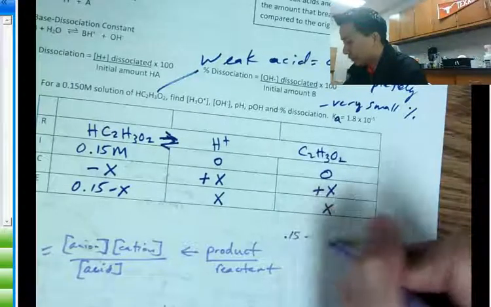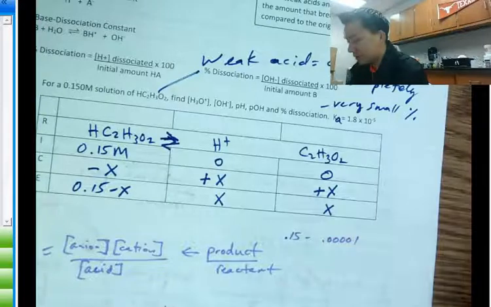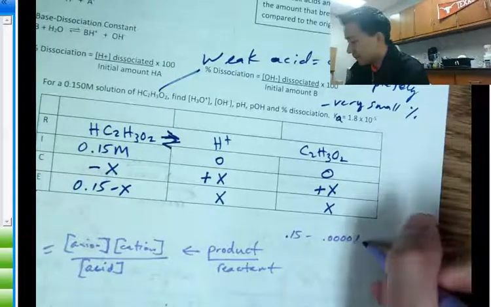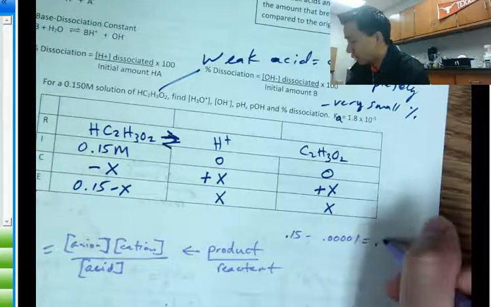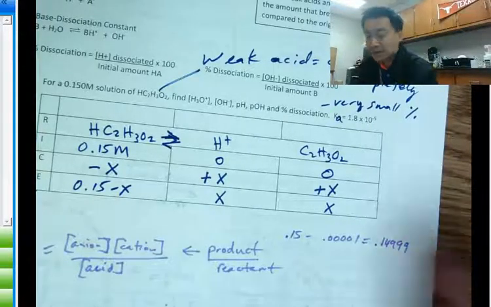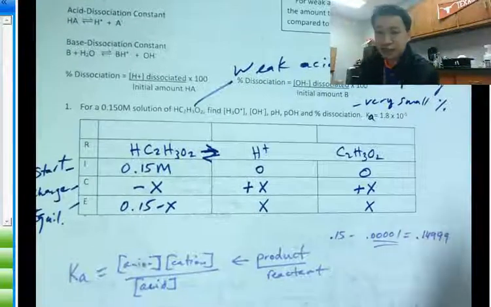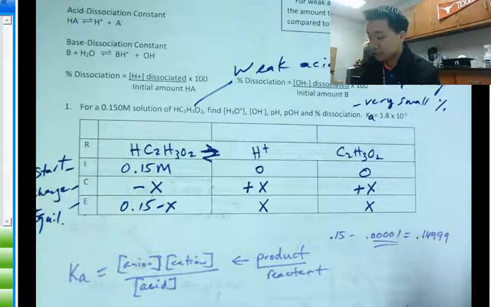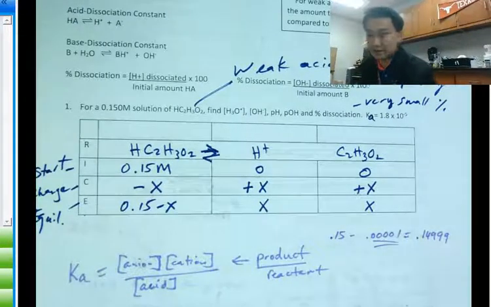Let's take, for example, 0.15 minus 0.00001. It would be 0.14999, something like that. So this little number doesn't change very much, it's really insignificant.